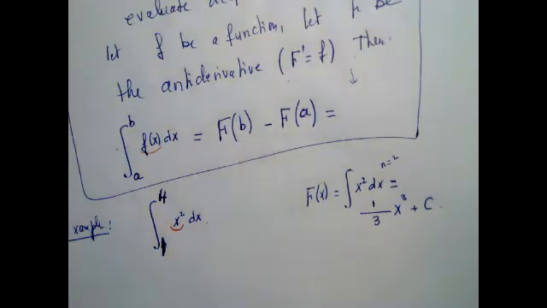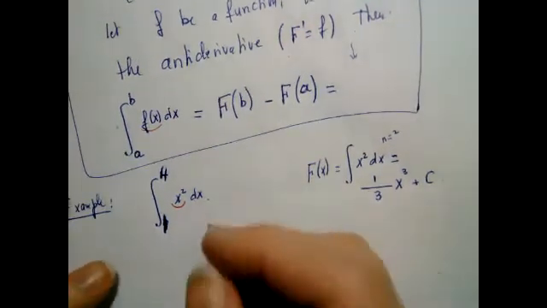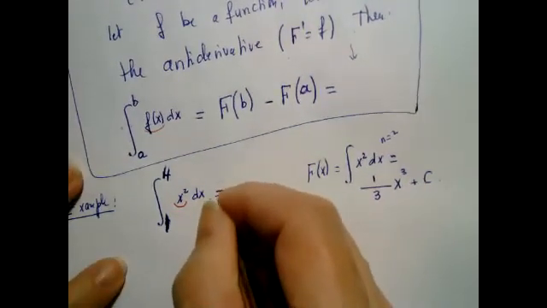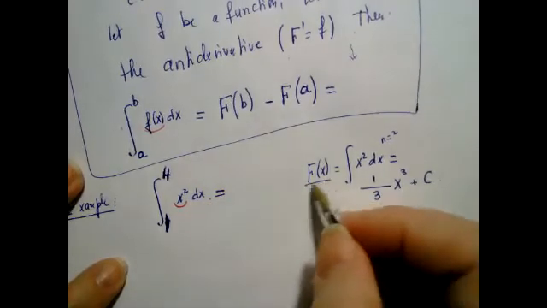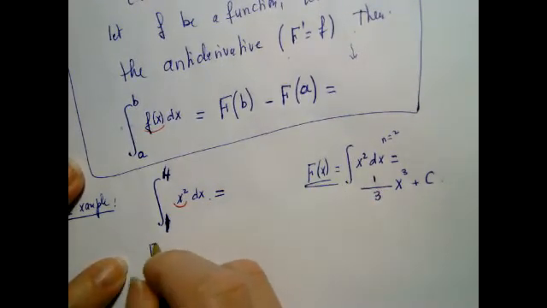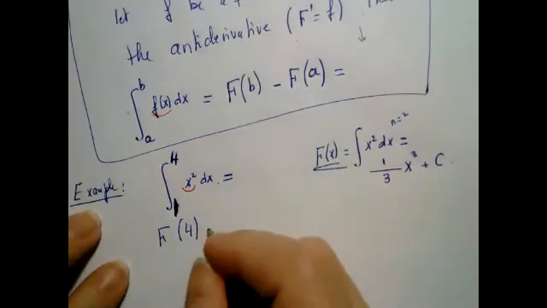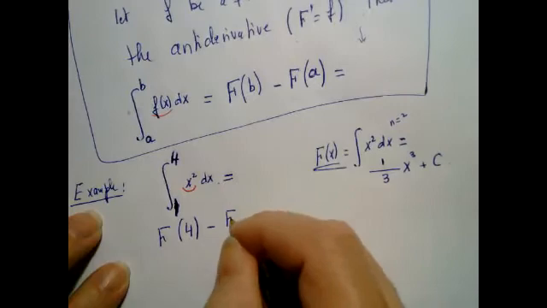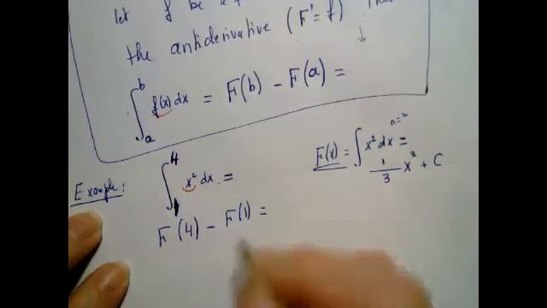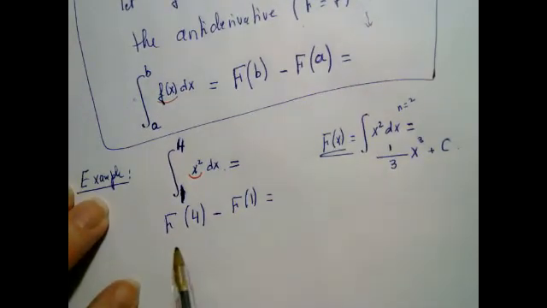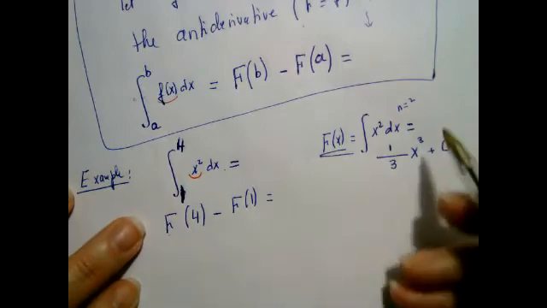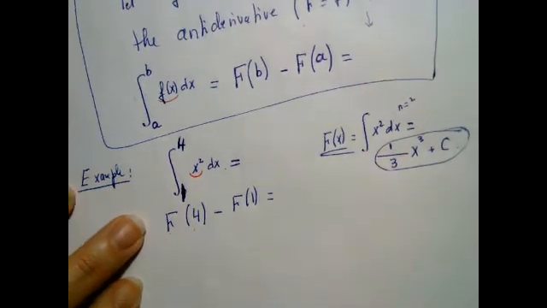Now, the fundamental theorem tells me that we can evaluate the definite integral by doing this. We take the value of the antiderivative, we evaluate it at the upper limit minus the value at the lower limit. So in my problem, what is f of 4? That's my antiderivative.